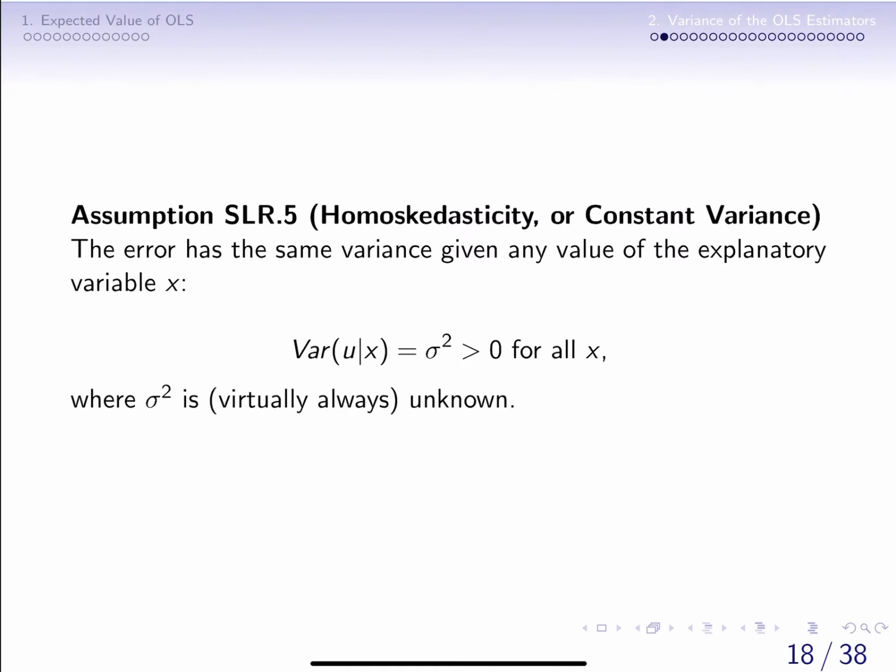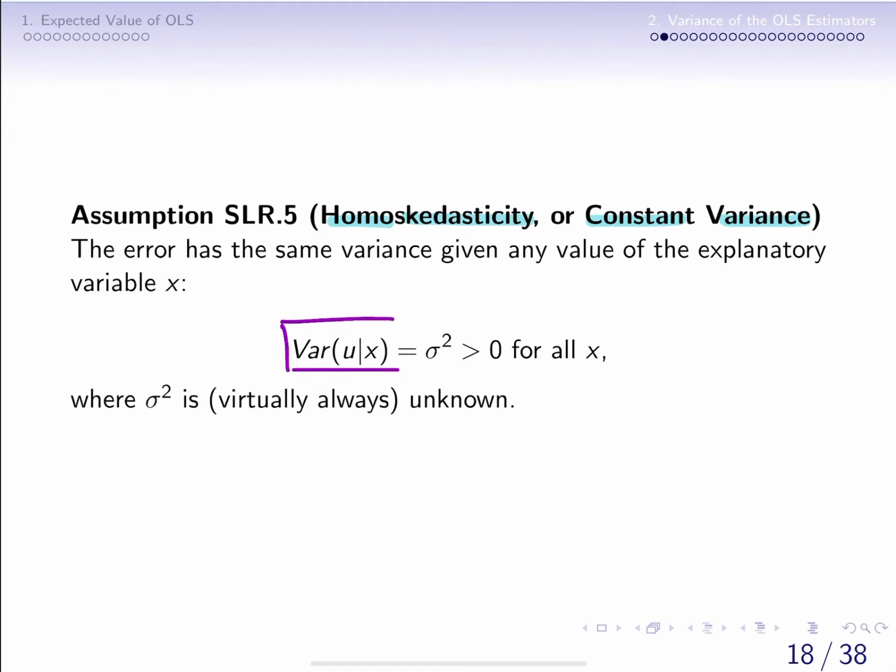So this brings us to the fifth assumption, homoscedasticity or constant variance. Homo means constant, and we're talking about variance. What we want to emphasize is the variance of the error term given x.